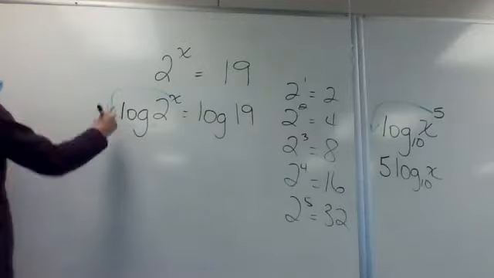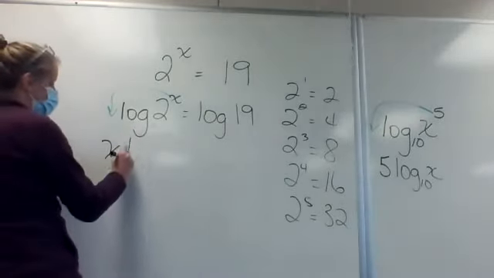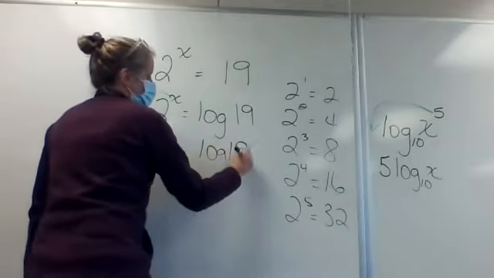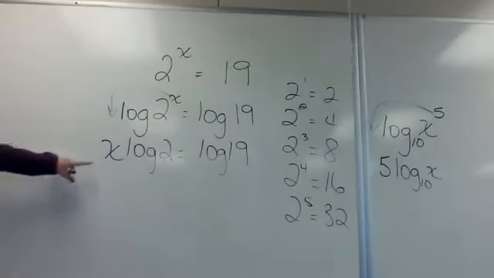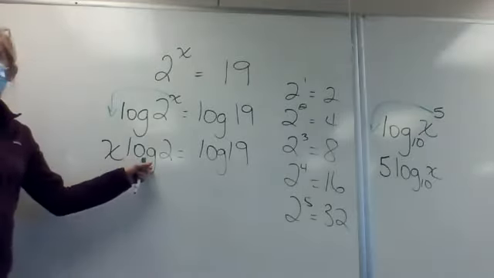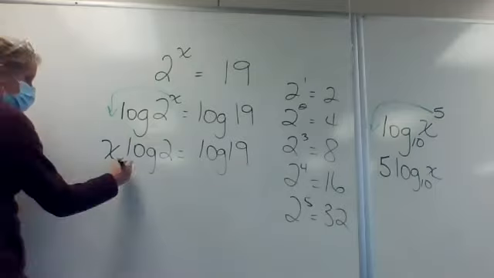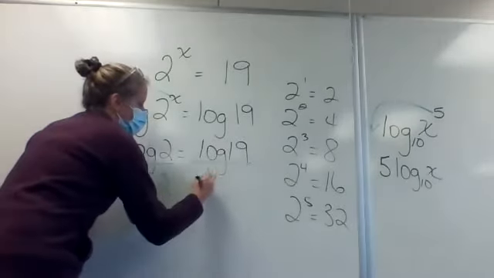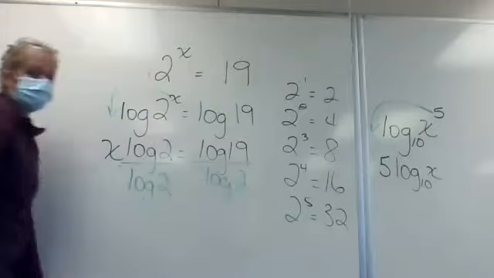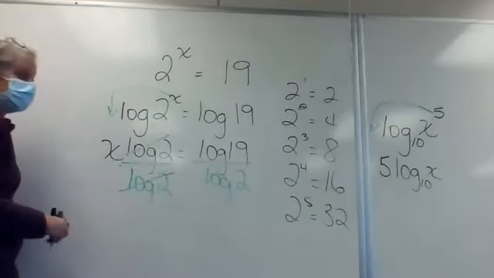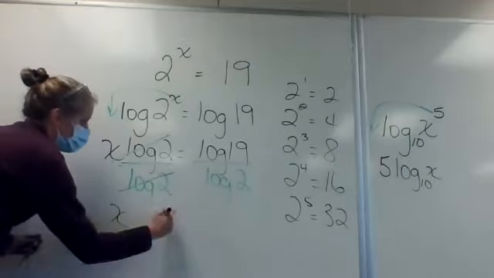Now the left side can be rewritten as x times log 2 equals log 19. So now I can isolate x, because this says x times log 2. I need to get rid of the log 2, so I divide by it on both sides. That cancels it, and there's your x all by itself.